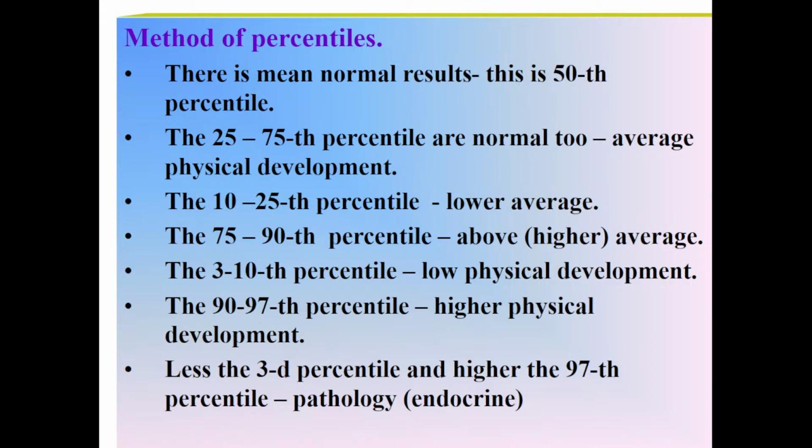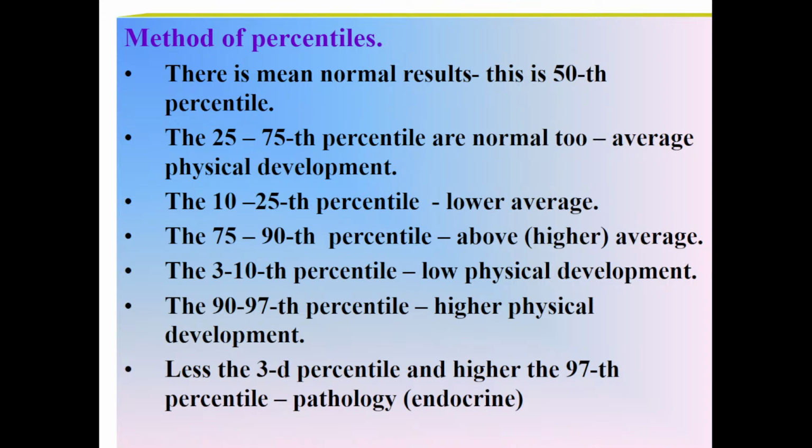All parameters in a percentile table or percentile graphic include the mean normal result. The normal deviation position is from 25 to 75 percentiles.